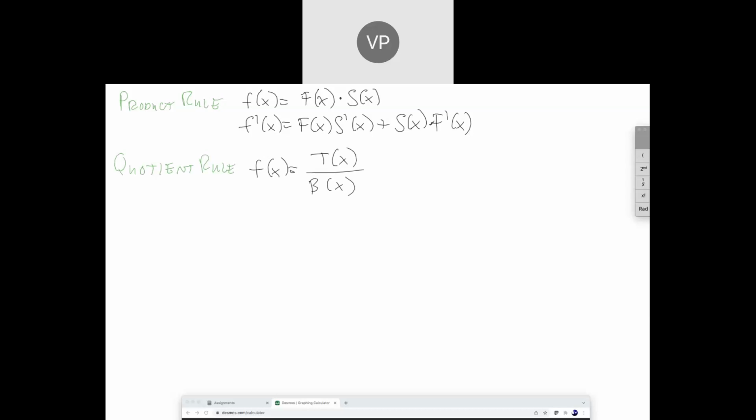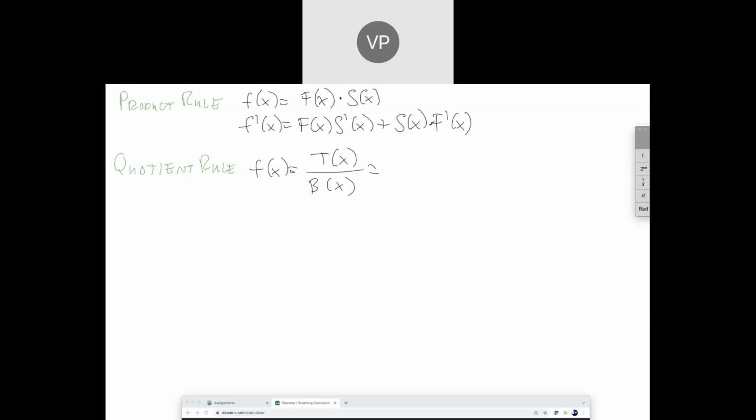So if I want to find the derivative of this, the rule is we're going to take the top and the bottom, and we can jump right into it just like before. Okay? So the quotient rule, and I believe your book's going to use the same notation. I just want to make sure they're using a T and a B. Yeah, okay.